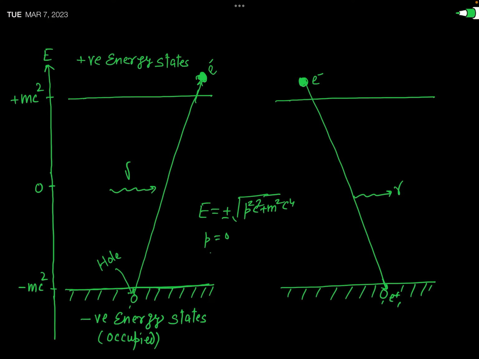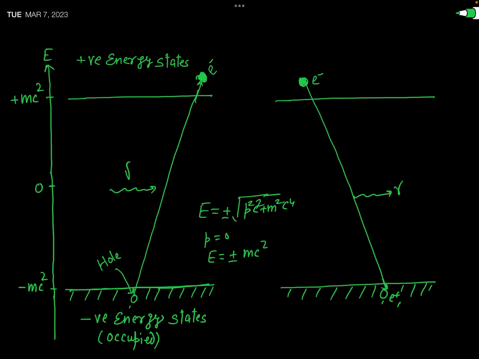And so, in that condition, the value of this energy E will be simply equal to plus minus mc square. So this plus mc square represents the lowest positive energy state of the electron, and this minus mc square represents the highest negative energy state of the electron.